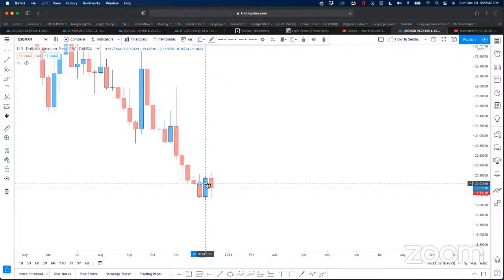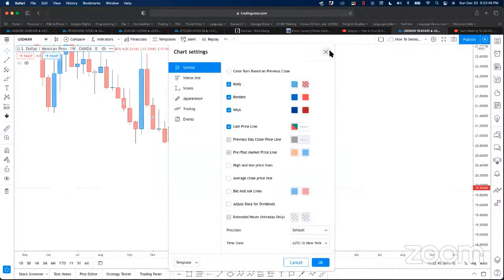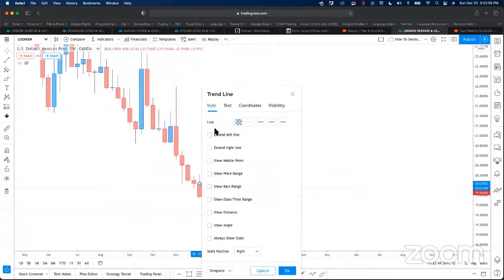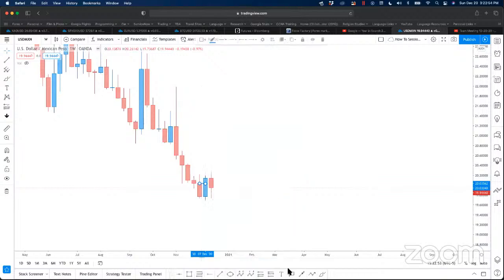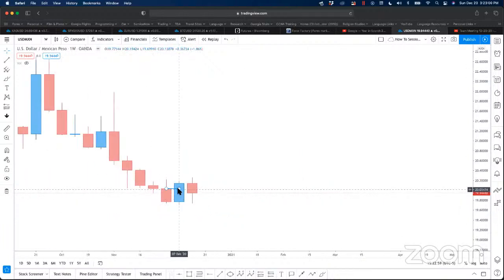This is the next week. Let me make that a little clearer so you can see it. This doesn't look very relevant, because again, we're looking at weekly candles.